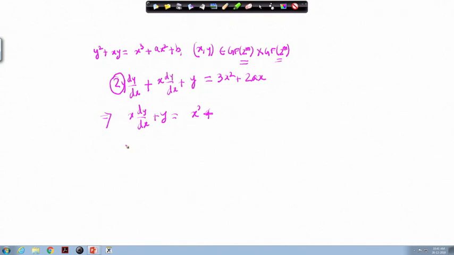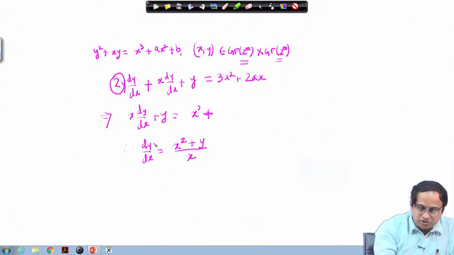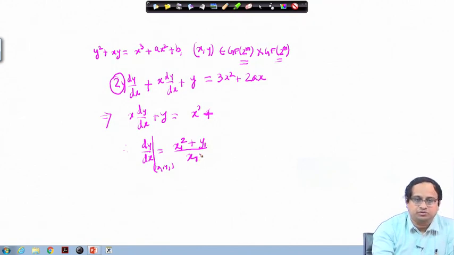That means dy by dx is equal to x square plus y by x. If I now evaluate this at the point x1 comma y1, it is x1 squared plus y1 divided by x1.